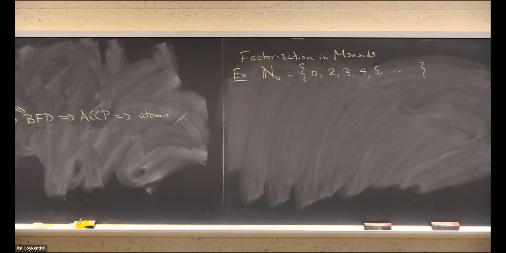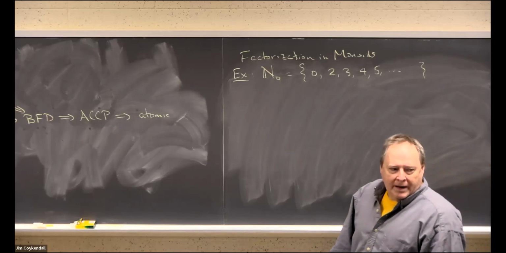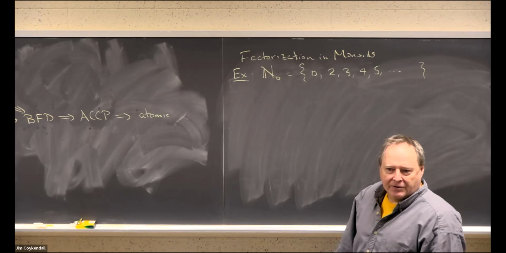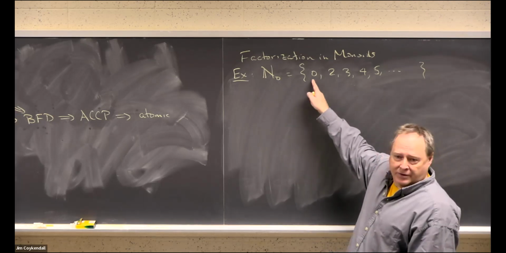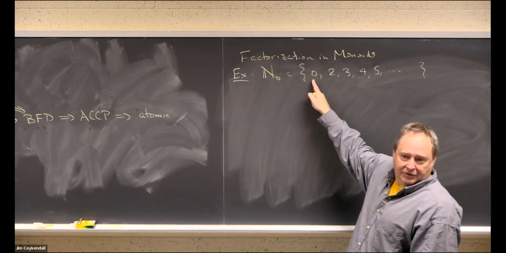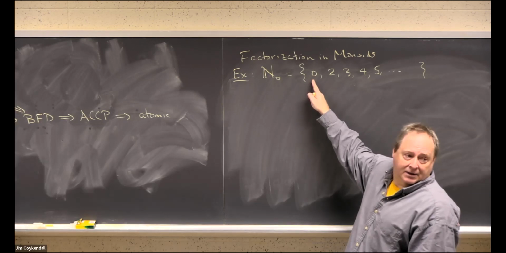Just take the natural numbers, throw in 0 and jerk out 1. Right? Now, here, instead of writing things multiplicatively, I write them additively. So 0 is a unit, right? Because its inverse is itself, additively.